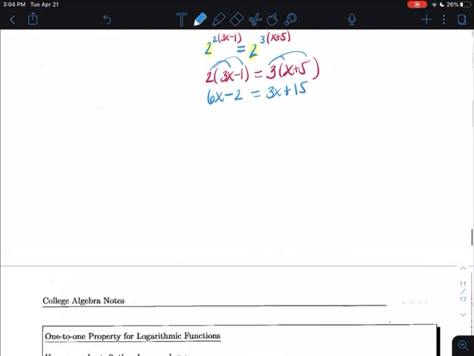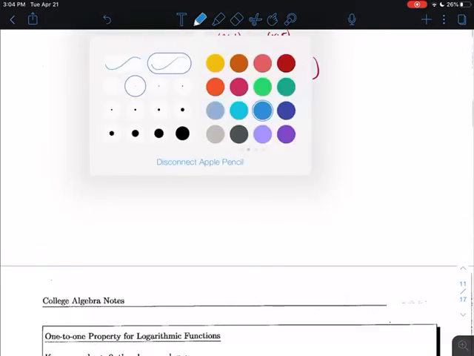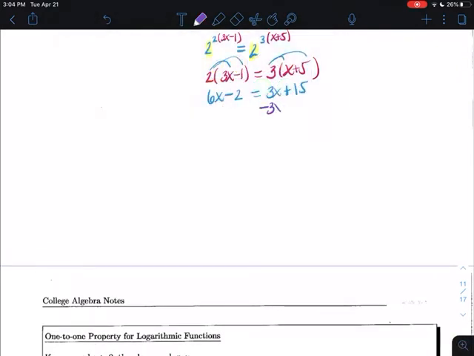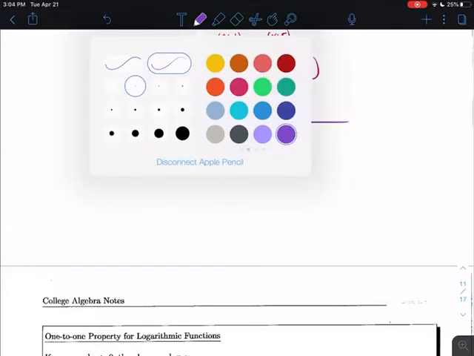My goal is to get x by itself. So I'm going to subtract 3x from both sides. 6x minus 3x is 3x. Bring down that minus 2 right behind it. Bring down my equal sign. On the right side, I have positive 15 left.